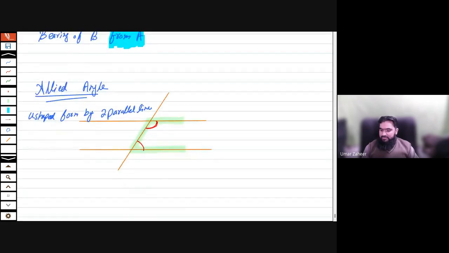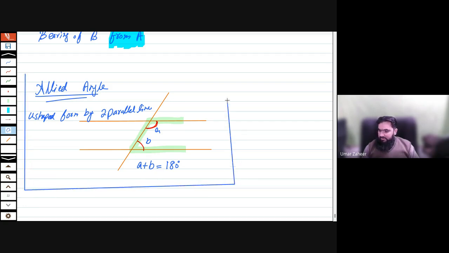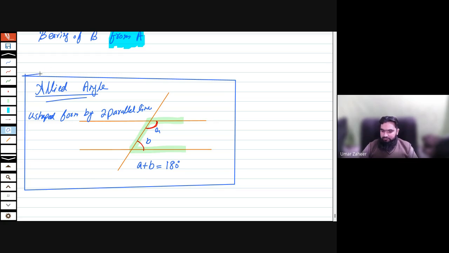Okay. So the property of allied angles is, let's say it is angle A, it is angle B. The sum of the allied angles is always equal to 180 degrees. Yes, everyone, is it clear?